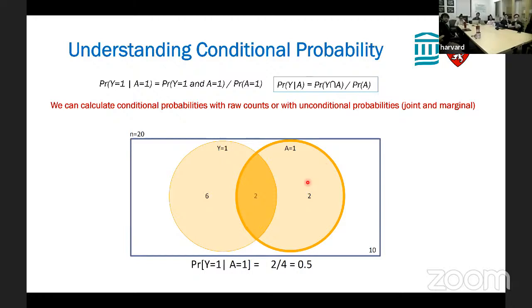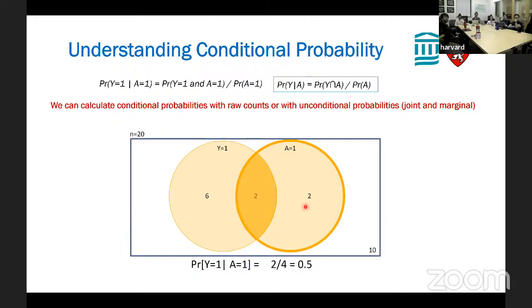Then you move to the left side of the vertical line, which is y equals 1, within this subset of 4, the right side of this diagram. And then you will have 2 divided by 4. You see, you can always consider the conditional probability as a subgroup probability, or a stratified probability.